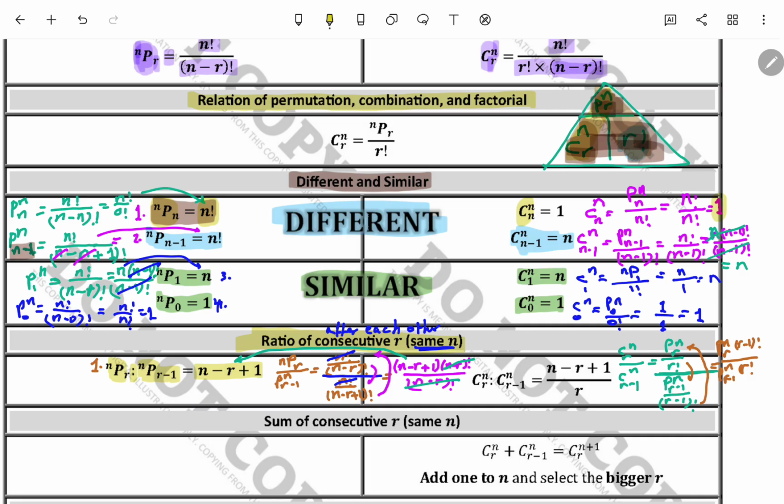You can see that from these two, we did it before in rule number 1, which will give you n minus r plus 1, like this.